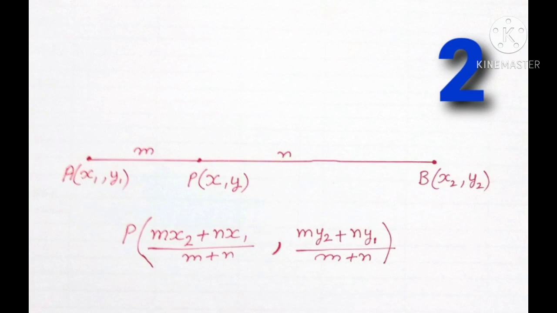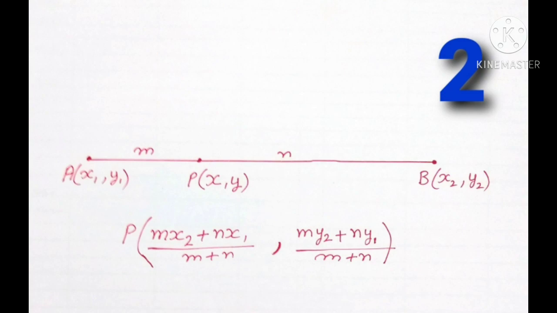If the coordinates of the point A are x1, y1 and the coordinates of the point B are x2, y2, then the coordinates of this point P, which divides the segment AB in the ratio of m is to n, will be given by this formula, which is known as the section formula.